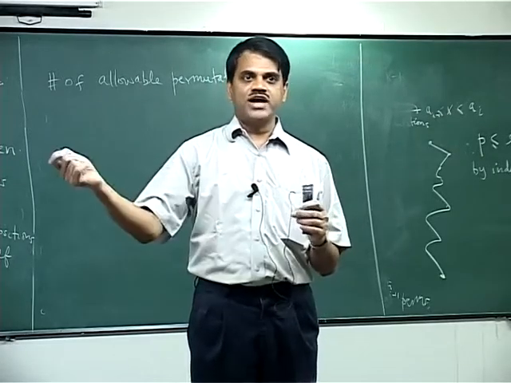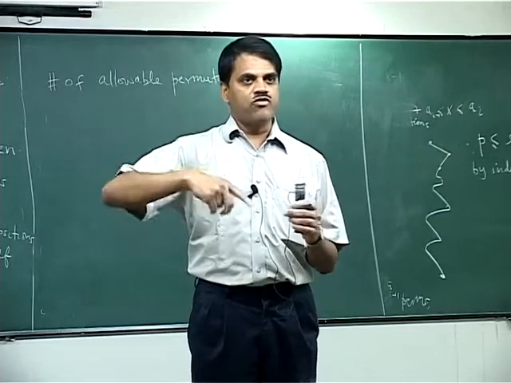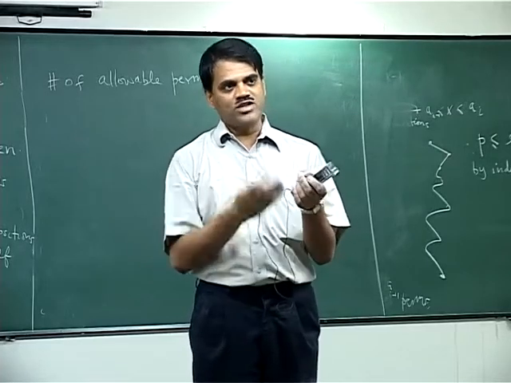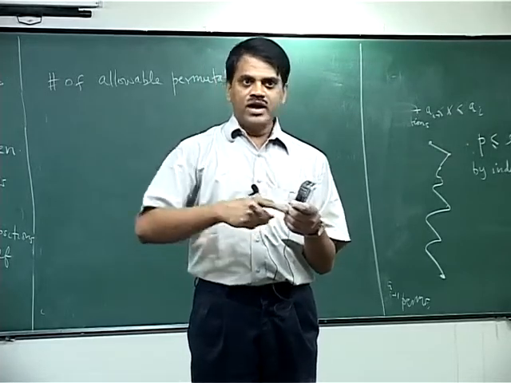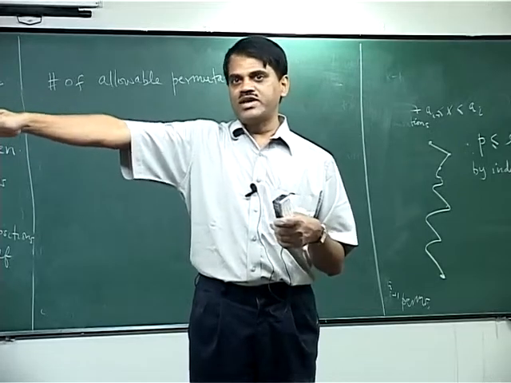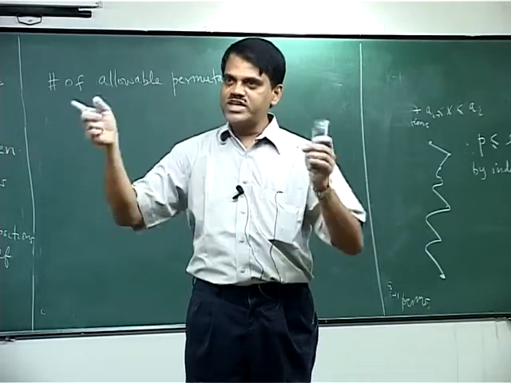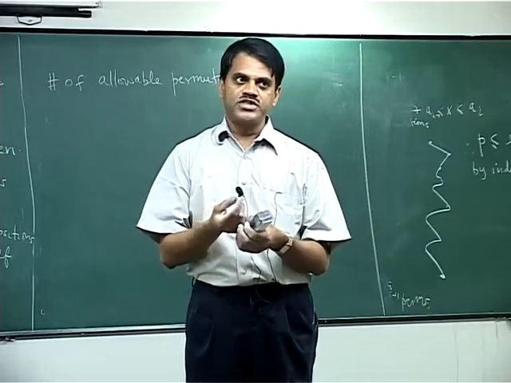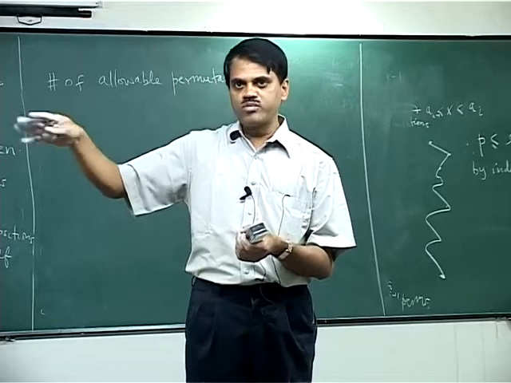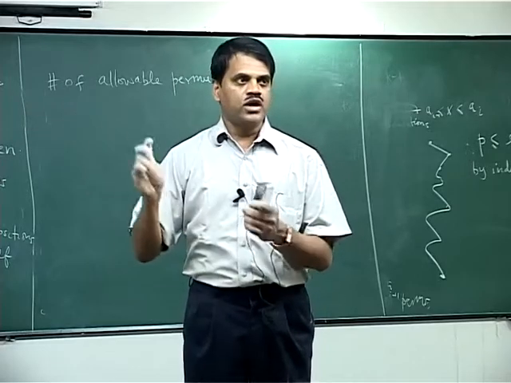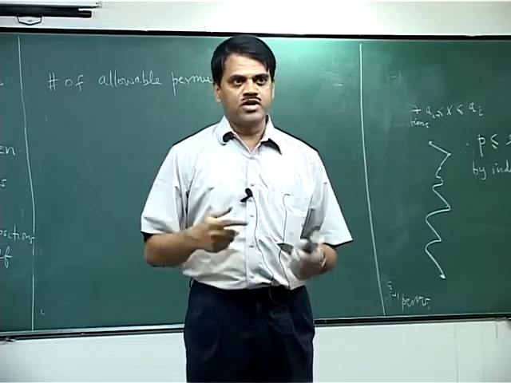How many choices does it have to be paired with? N by 4, because the first odd position element can be paired with some odd position element in the right half. Once I fix that choice, the next odd positioned element has n by 4 minus 1 choices, and so on. So the total number of permutations is n by 4 factorial.